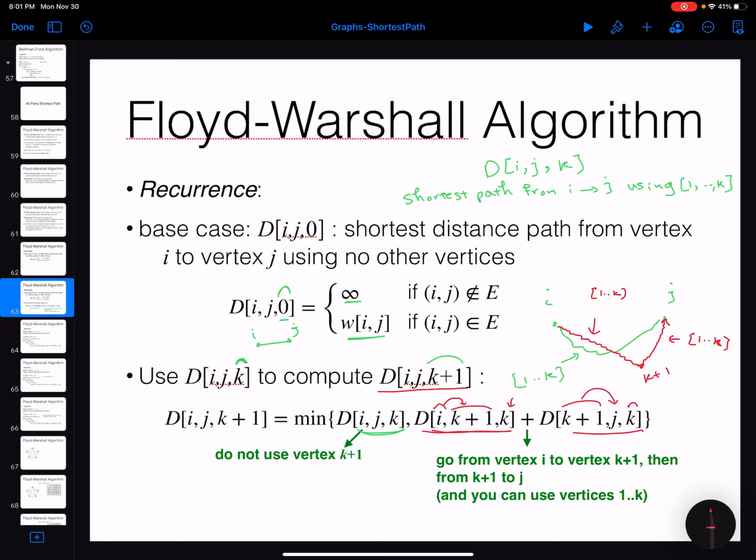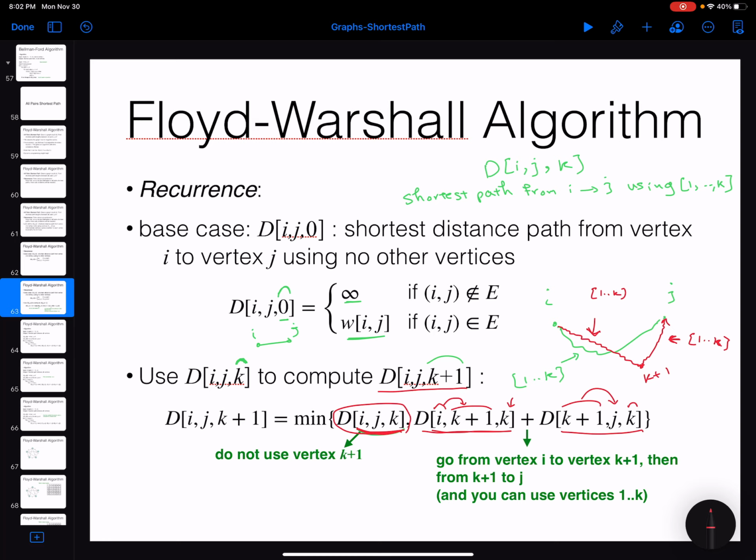So these two are basically just exactly showing this one and this one. So you can either not use the vertex number k plus 1 and just go from the previous value of d of i, j, and k, or you can use the node number k plus 1.